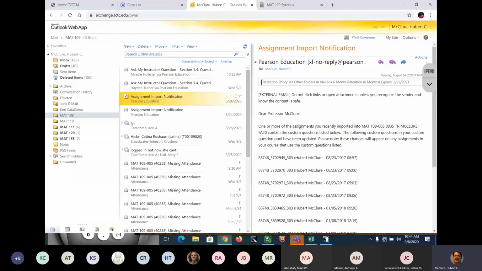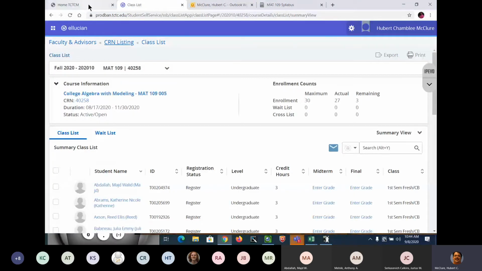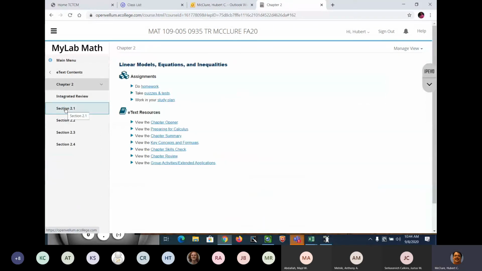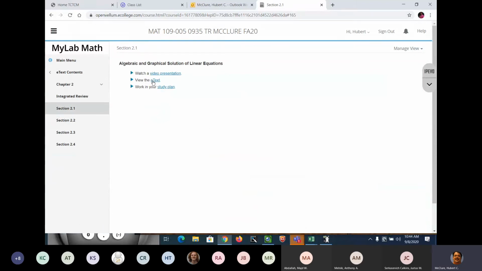Oh, sorry. Okay, now, it looks like that's 1.4, so we're going to move on to 2.1. Let's look at 2.1, and let's look at some of these things that are happening in 2.1. I just need to look at the section in the book just to see what it's going over and see what it looks like. Looks like they're continuing on with functions in the graphing area, if it'll ever come up.